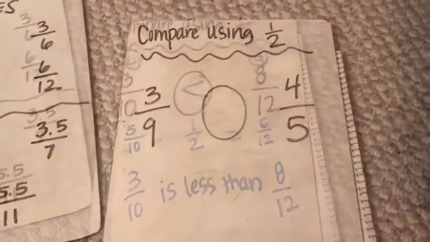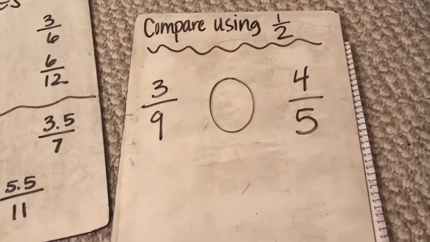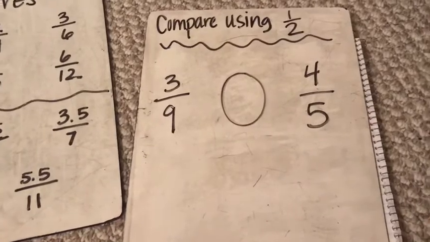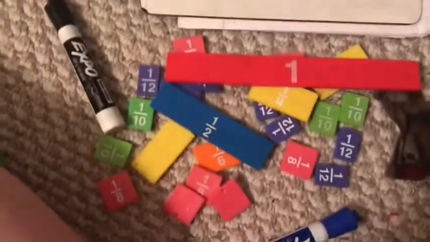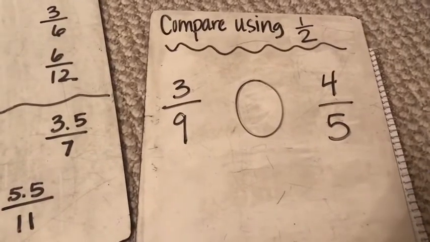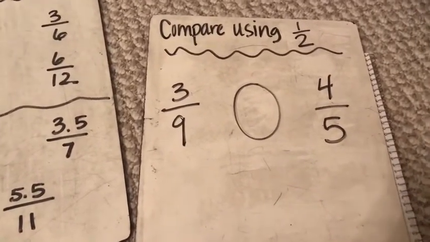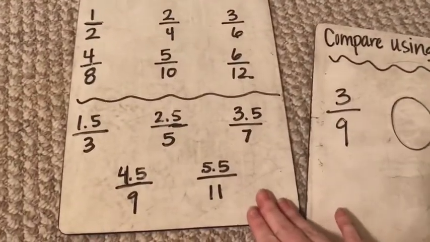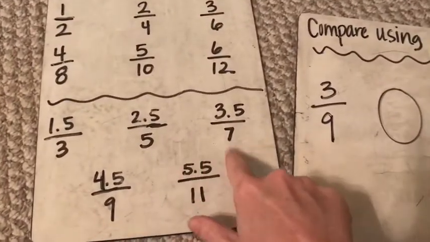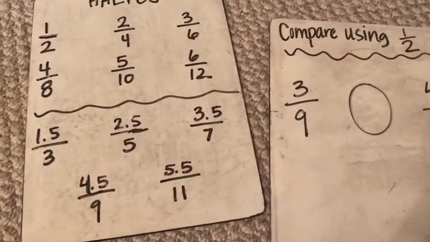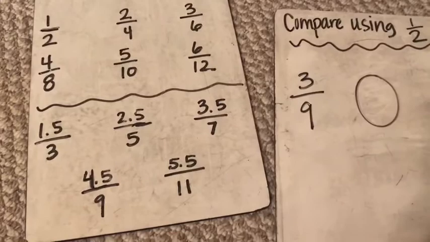We'll do one more. Last one, I have a hard, challenging one for you, okay? You got to really think about this one because a lot of fraction manipulatives don't have ninths in them. They have fifths, but they don't always have ninths or sevenths. But that's why we did all this exploration over here where we were thinking about what is half of 7, what is half of 9, and we can still use that same reasoning about a half, okay?